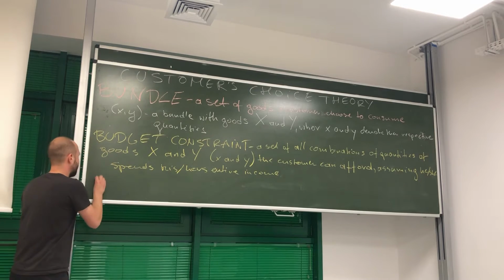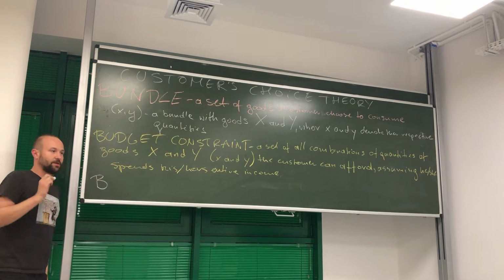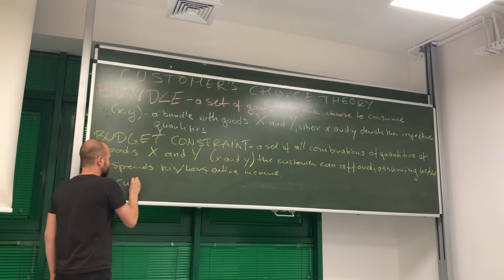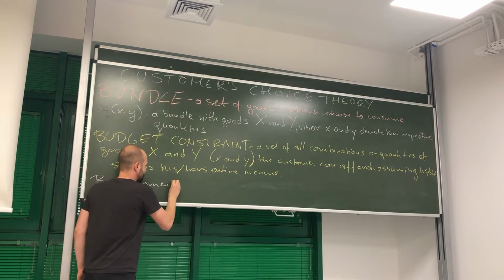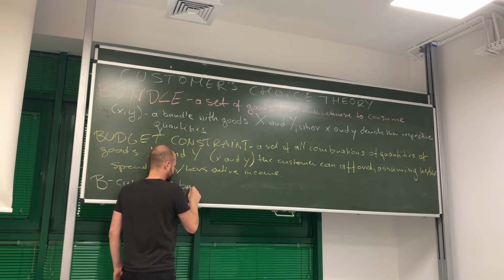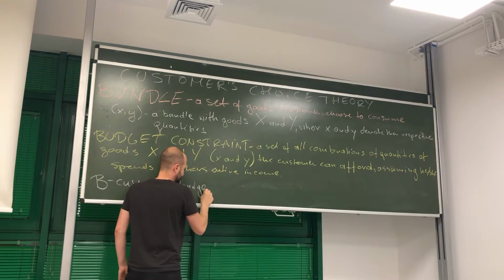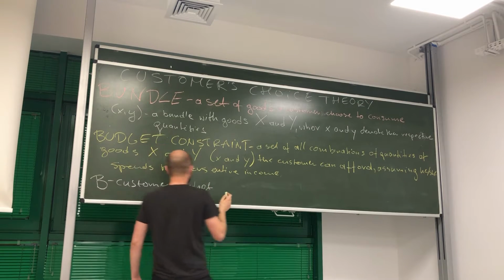Let's introduce some notation. B is going to be the customer's budget.